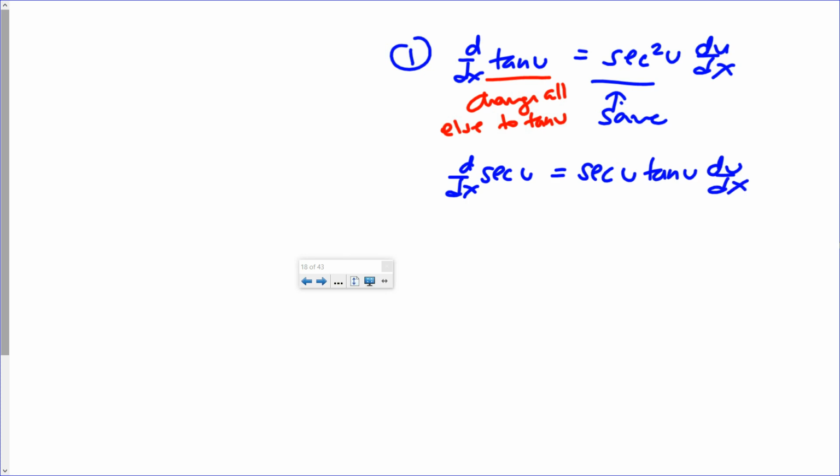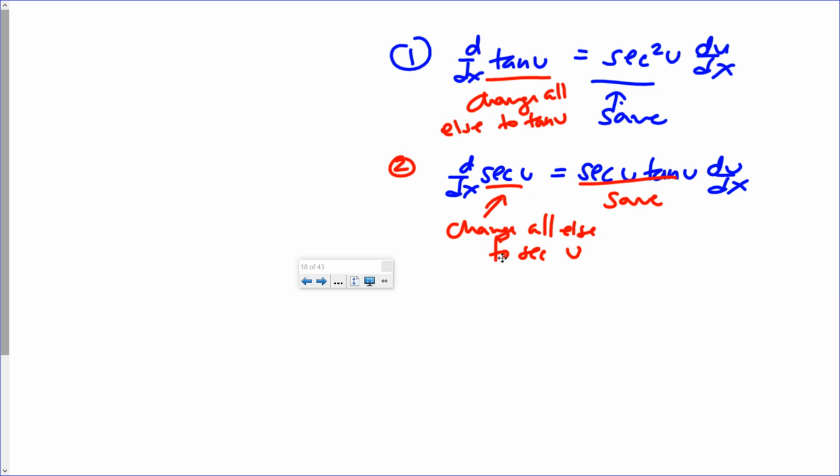And what that means is another strategy that we could have is we save the secant u tangent u and we change all else to secant u, and things are going to work out. The integration is going to work out. Why? Because the derivative of secant u is secant u tangent u. We're actually setting ourselves up for success. That's really what we're doing.